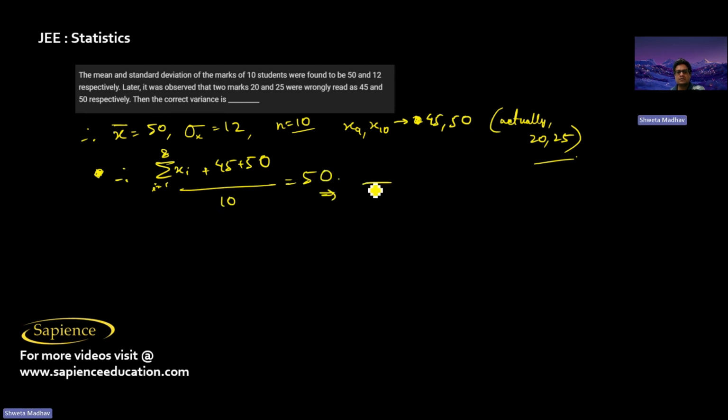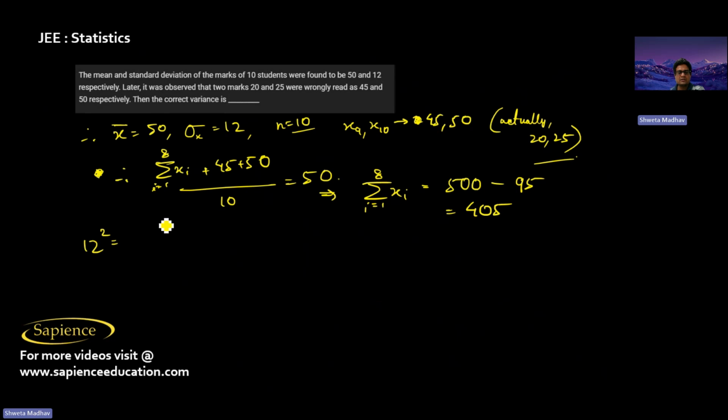So therefore, summation xi, i goes from 1 to 8, is equal to 500 minus 95, which is minus 100 plus 5, that is 405.